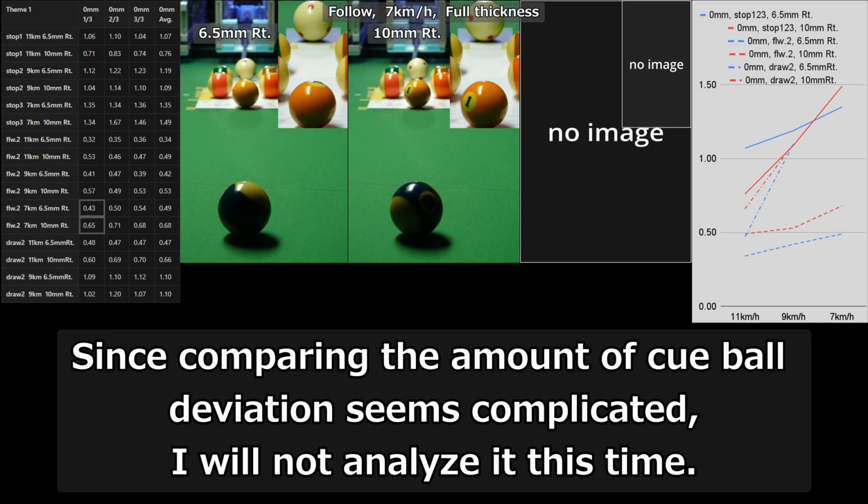Since comparing the amount of cue ball deviation seems complicated, I will not analyze it this time.